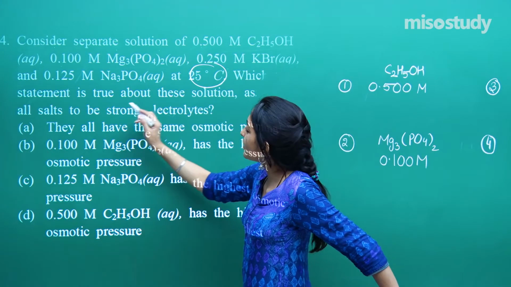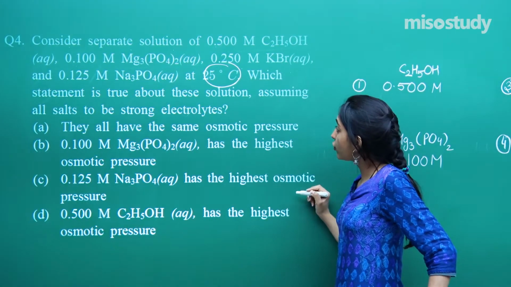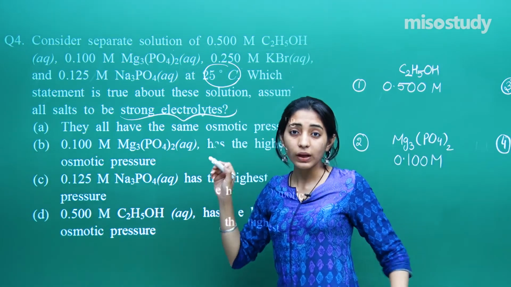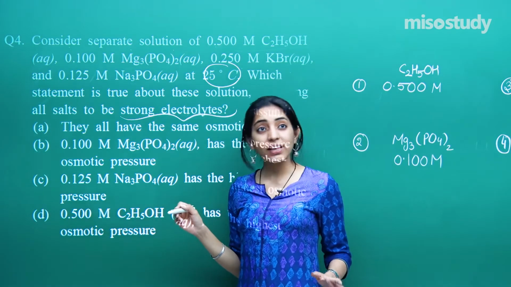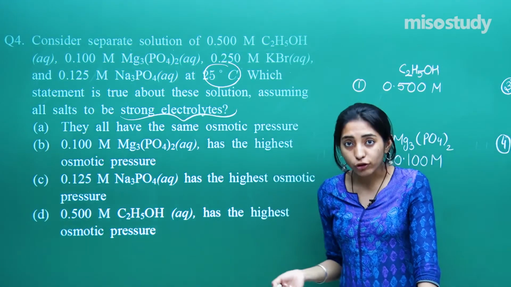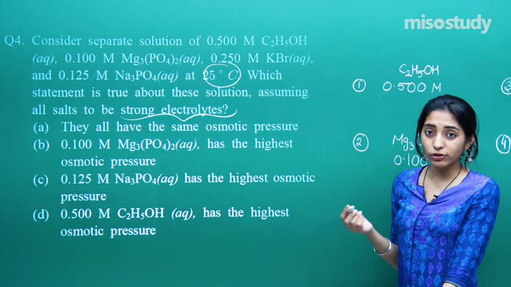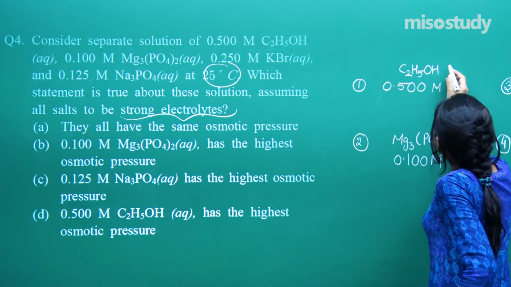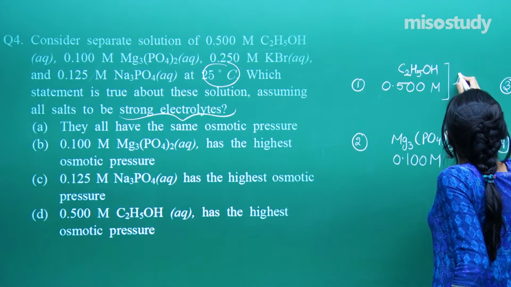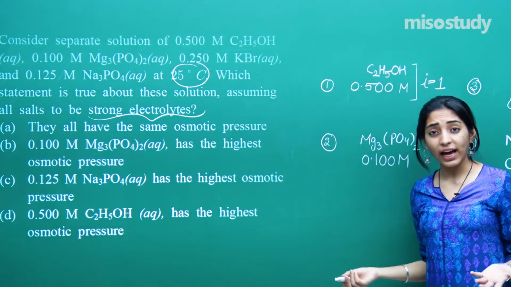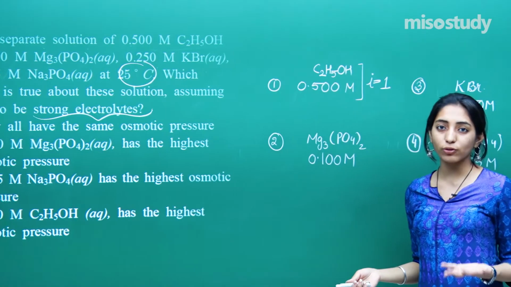He is asking which statement is correct about those solutions, assuming all electrolytes to be strong electrolytes. When he himself says that all the electrolytes are strong electrolytes, that simply means first of all you have to take into account the van't Hoff factor. The van't Hoff factor for ethanol is 1, because ethanol is an organic substance, it will not undergo 100% dissociation in water.